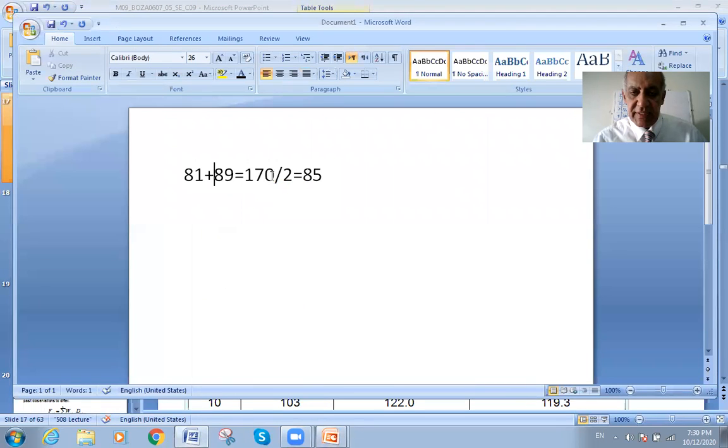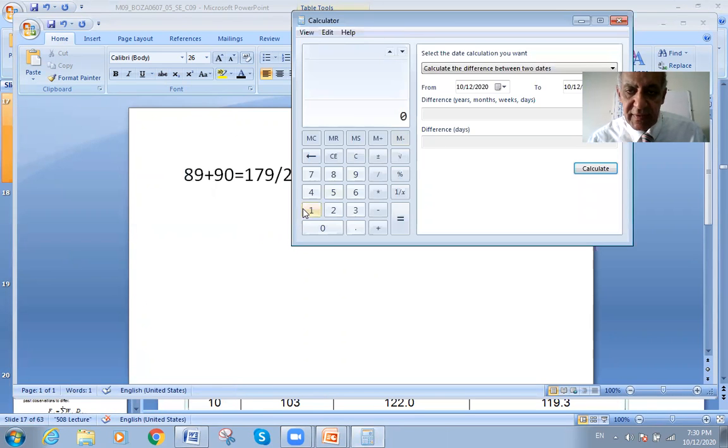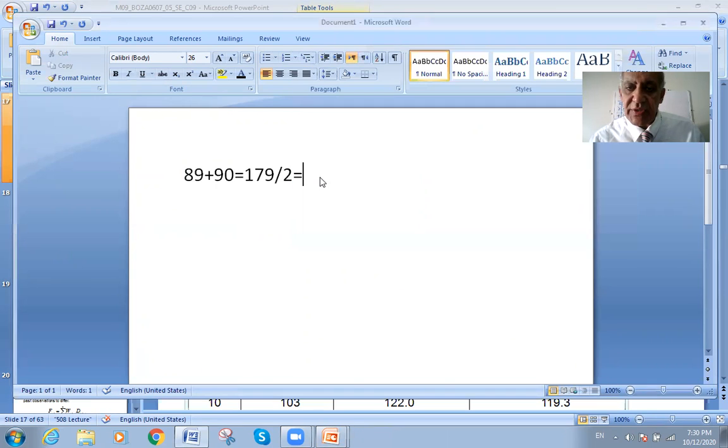Let us see, 89 plus 90 equals 179. Divide by 2, let us see by the calculator, 179 divided by 2 equals 89 and a half.